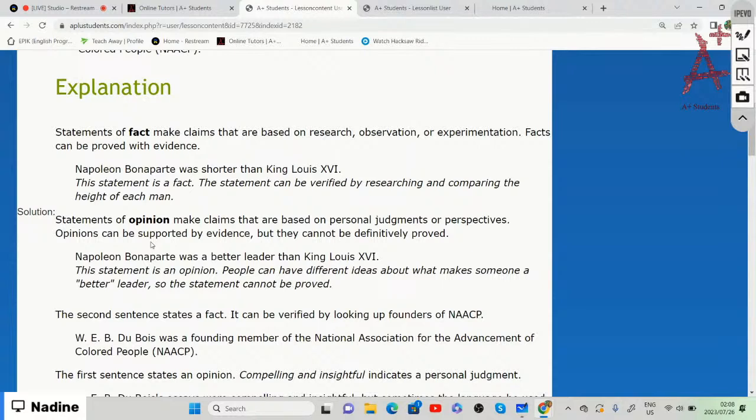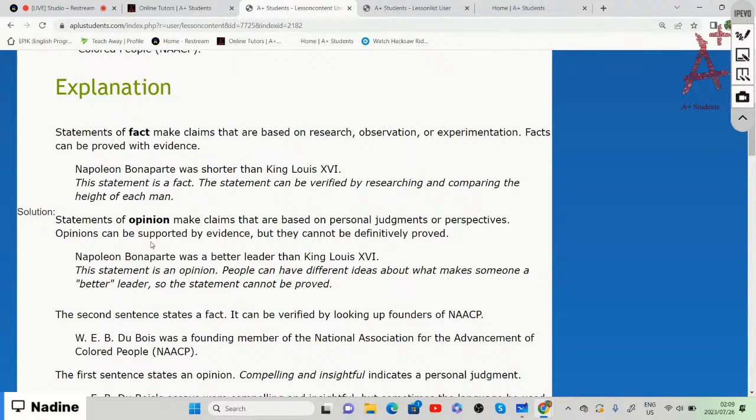Because remember, they said facts can be proved with evidence. If there's no evidence, most people will think that this is basically just your opinion. There are no claims or evidence that support whatever you are saying, which means that this is something you made up.